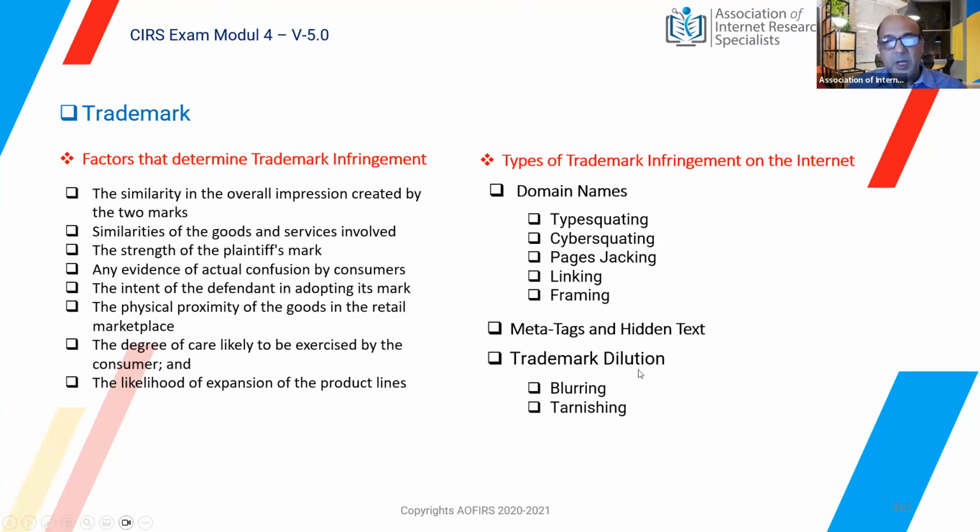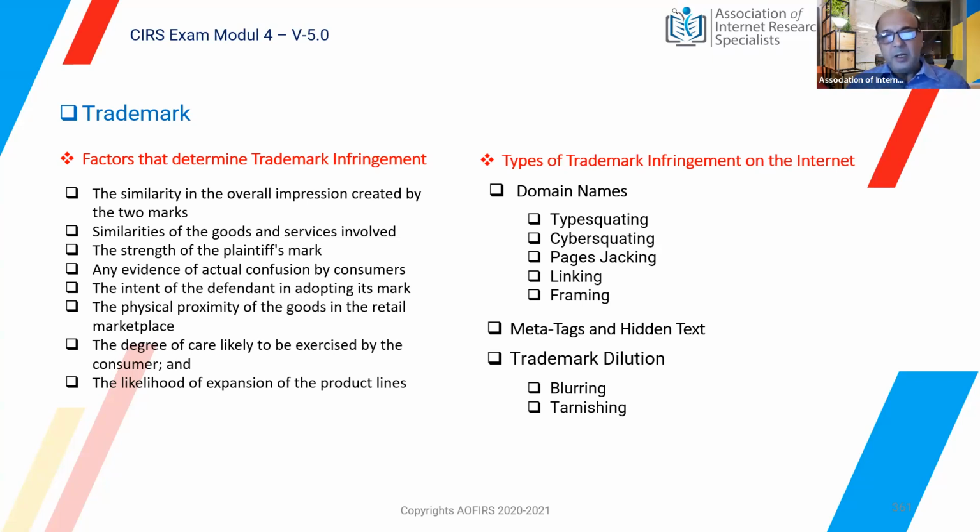Then we've got trademark dilution. There could be two types. One is what we call blurring, and the other is tarnishing of the trademarks. Blurring is that you are making it look like the original product or selling it as if it has a similar value placed on it, but it is not exactly the same.